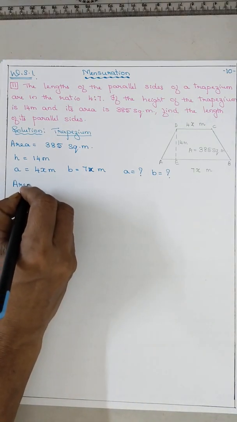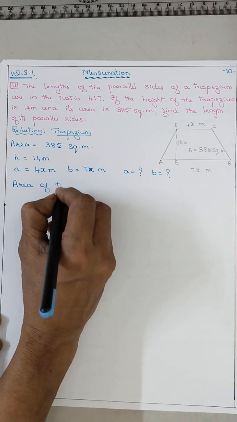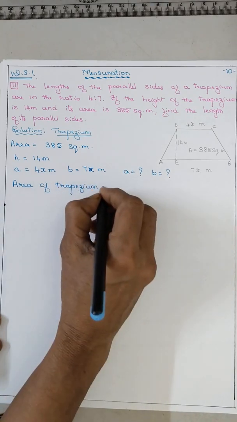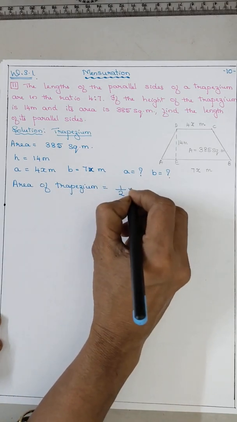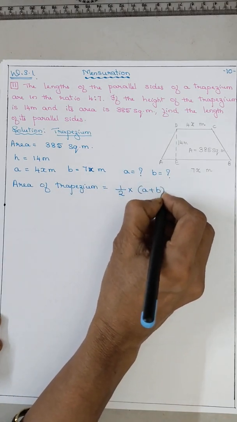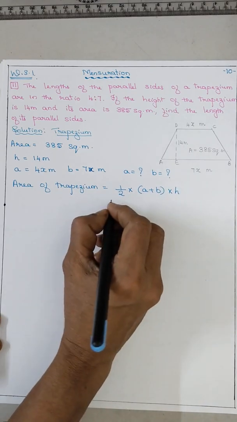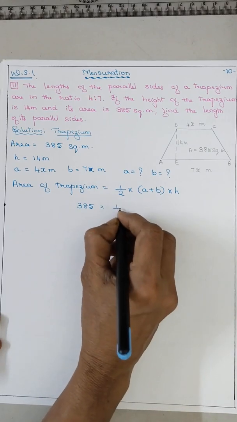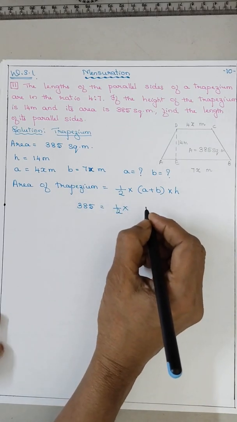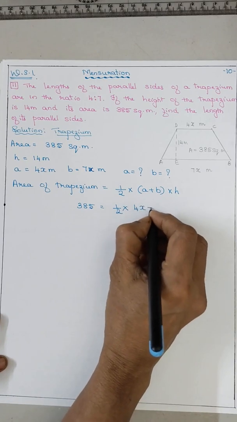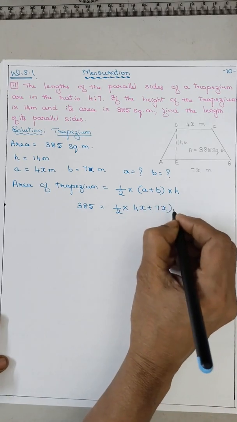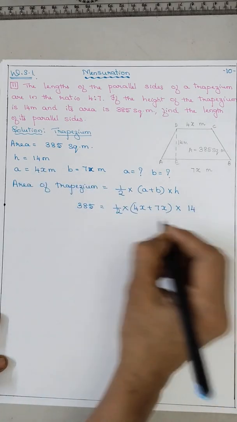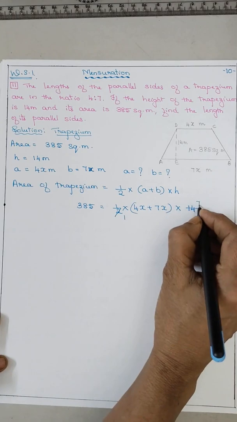Write area of trapezium is equal to the formula half into A plus B into height. Area is 385, then half into A is 4x plus 7x into height 14. 2 ones are 2, 2 sevens are 14.